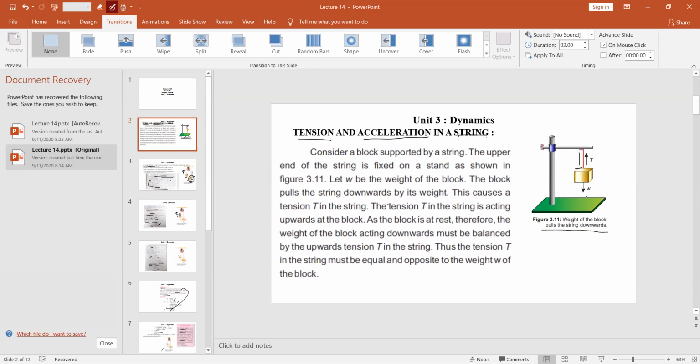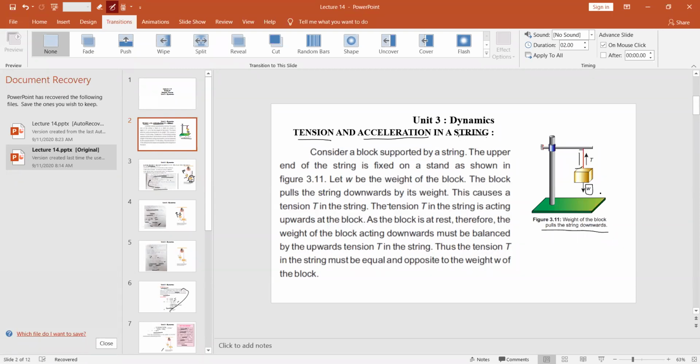Whenever there is an object, obviously there is a force which tends to move the object in a downward direction, and that force is basically the weight. But the object is stationary.